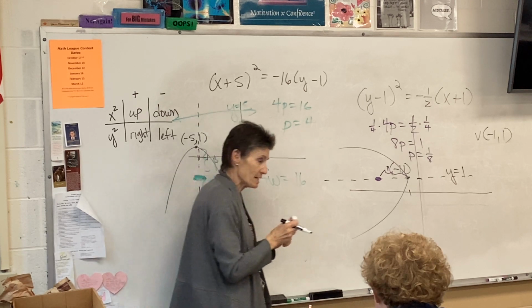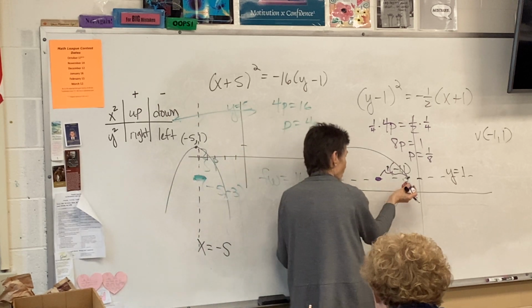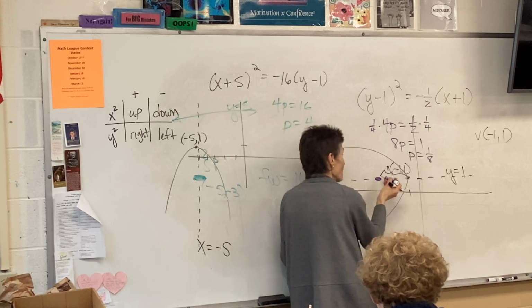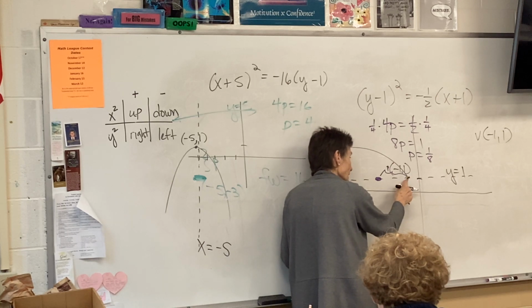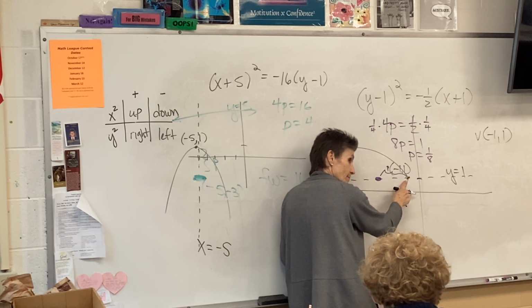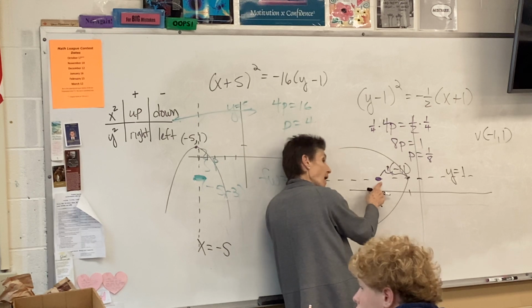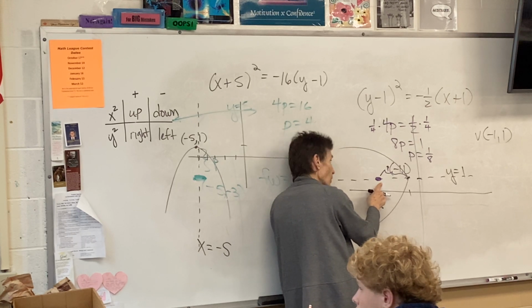Now what does that mean? That means I'm going to start right here, and I'm going to back up 1/8. So if I'm already at negative 1, and I'm backing up 1/8, where will I be?